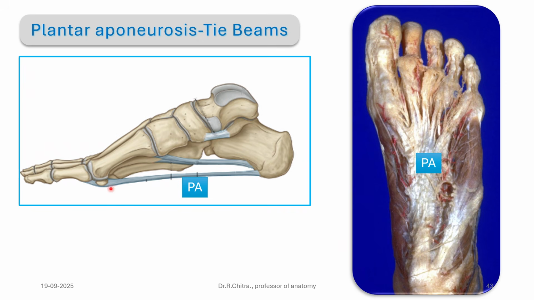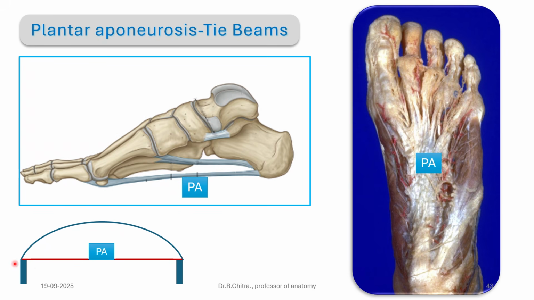So what is the tie beam connecting the metatarsals and the calcaneus? It is the plantar aponeurosis. That is the tie beam. Like when we were small, we used to make a small bow with one thin stick and tie a thread between the two ends.